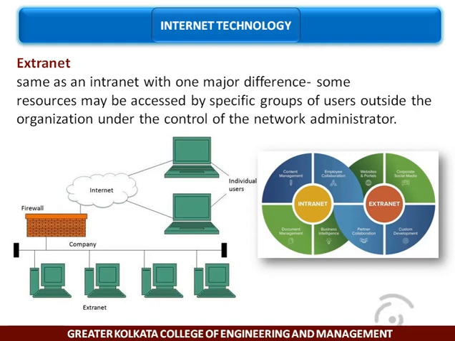Extranet is for limited external communication between customers, suppliers, and business partners, whereas the intranet is only for communication within the company. So we have completed the lecture. Thank you.